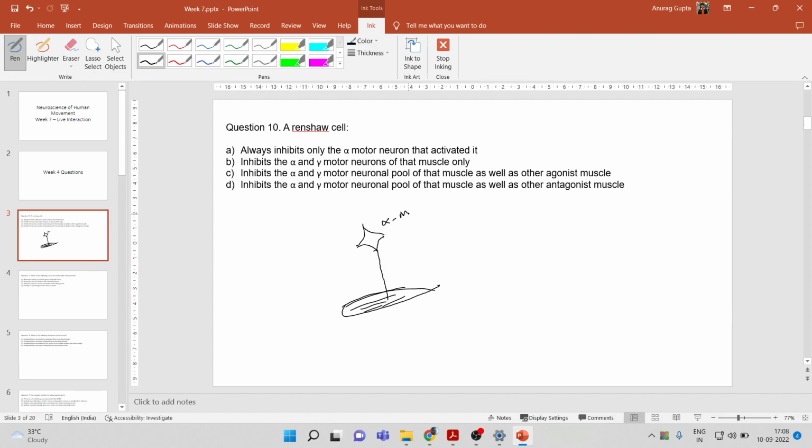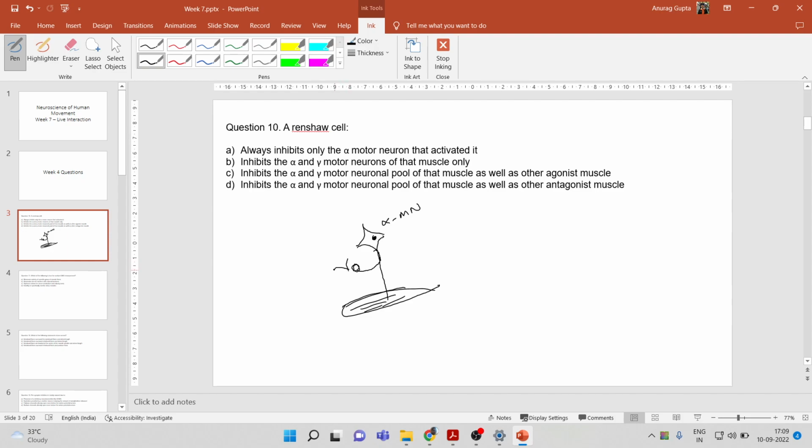So whenever this alpha motor neuron fires, the muscle contracts. Close to the cell body of the alpha motor neuron, there's one more axon terminal that branches out, and this basically excites another interneuron called a Renshaw cell.